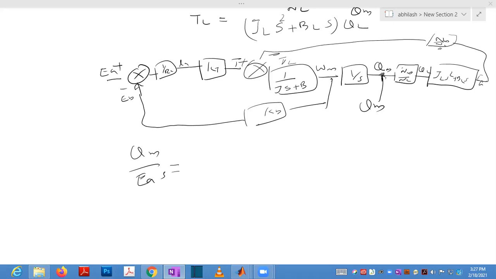Yeah, this one you can solve using either block diagram reduction or by signal flow graph. Signal flow graph is simpler, I think. Otherwise you have to shift these things, summing point shifting, those things you have to do.